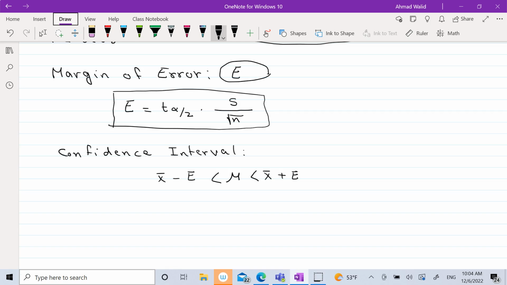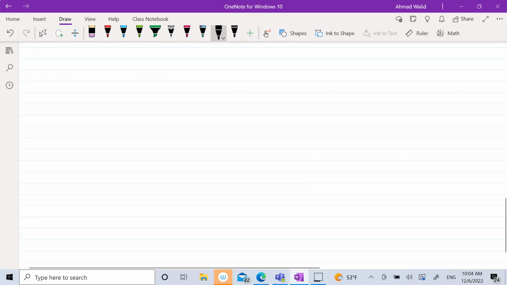If you put sigma in the middle, then the point estimate for sigma is s, the sample standard deviation, correct? Whatever your goal is, you put that one in the middle, and on two sides you use your point estimate and margin of error, correct? Now, let's do an example. Let's build a confidence interval, a good example.